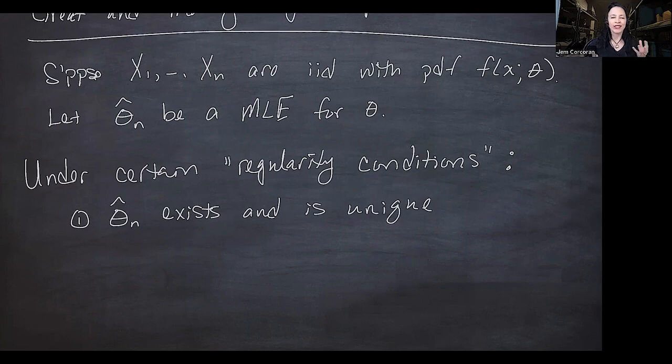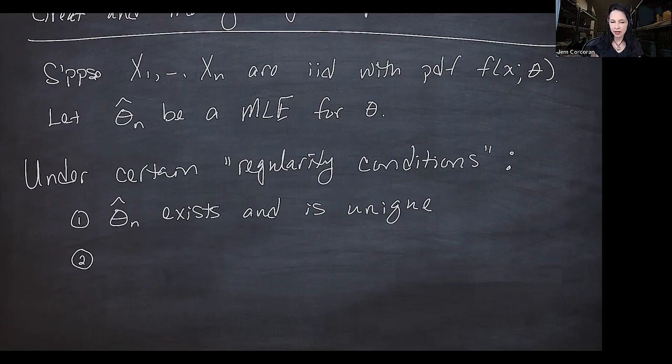So for example, if your likelihood is continuous and your parameter space is compact, then there is going to be a maximum in there somewhere. So you're guaranteed existence, and I could give you lots of little, not really general advice. You really just have to look at your particular function and figure out if it has a maximum or not. There's lots of kinds of sufficient conditions I could give you.